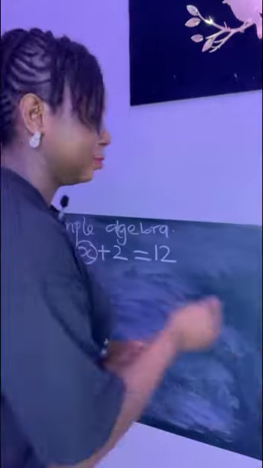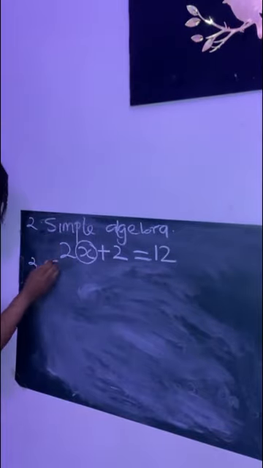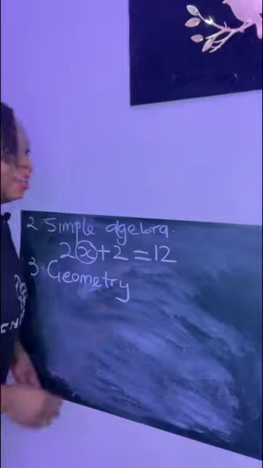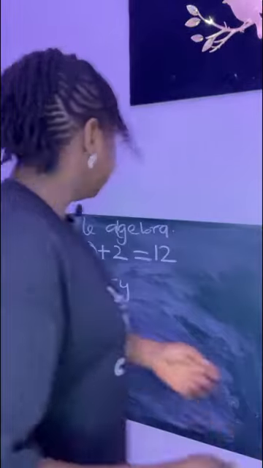And the third segment is our geometry. This is where you deal with area of square, area of rectangle, area of circle, the circumference. But let me just refresh you: the area of square, area of rectangle, area of triangle, area of a circle.